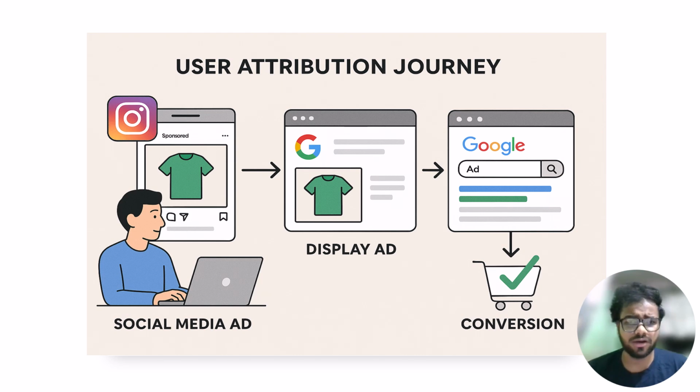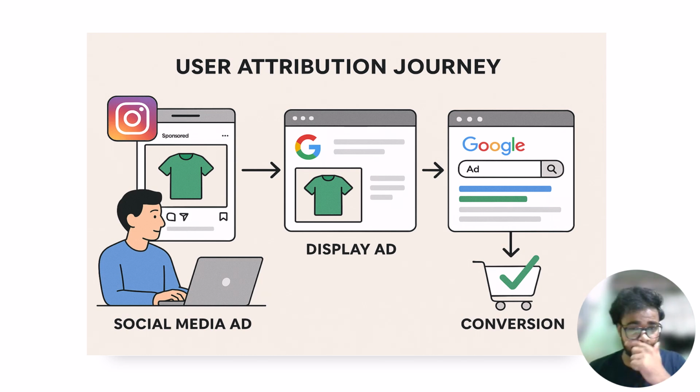There are many other ways too, like some come from organic after a display, or some come just after an Instagram post. There are multiple ways users come to our website. So we need to know exactly which campaign deserves more credit for providing us the results or conversions from our website.